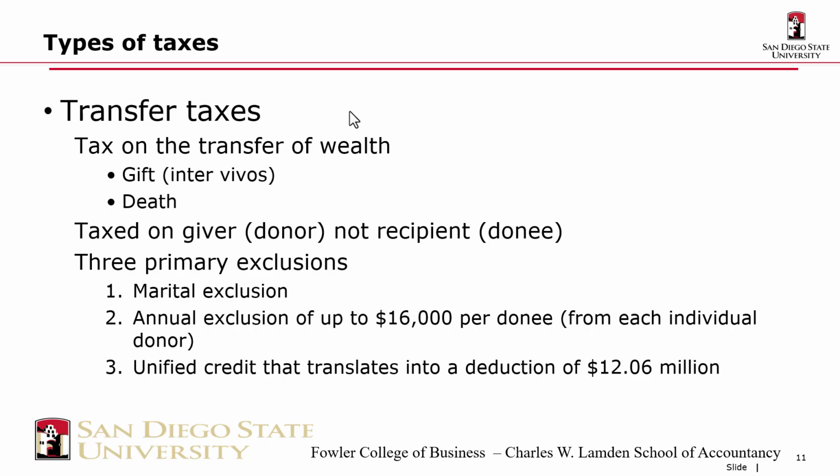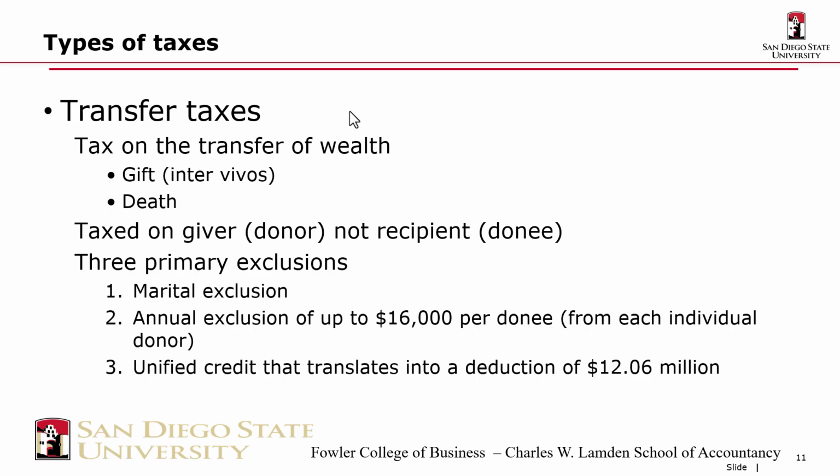The third one, and it's the reason that only the wealthiest pay transfer taxes, is you're also eligible for a unified tax credit. And that tax credit lowers your tax liability dollar for dollar. We'll calculate that credit eventually, but it's equivalent to being able to take a deduction against your total transfers of just over $12 million.